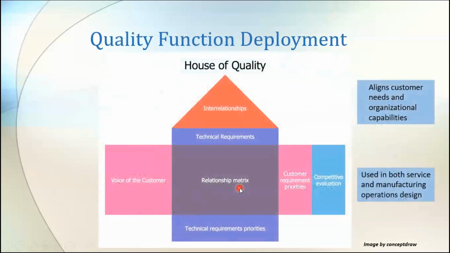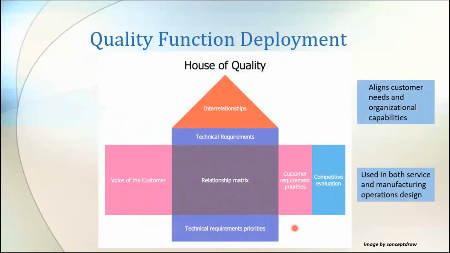So the House of Quality is the core part of the QFD function. And the House of Quality is what I've used to drive creativity, to drive understanding between all 3 of those little quality triad sections.